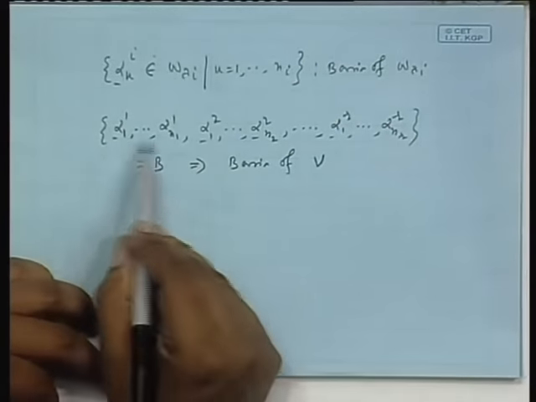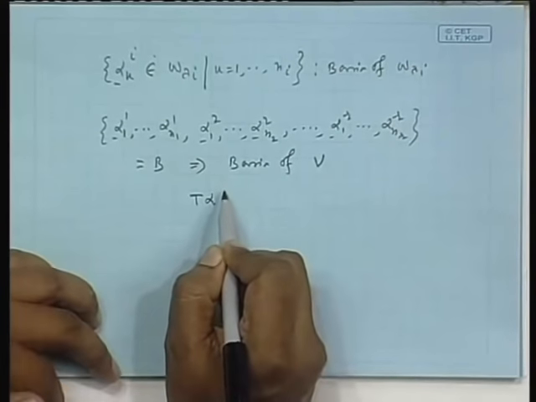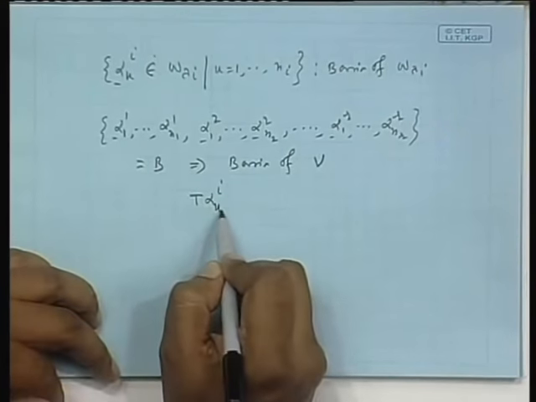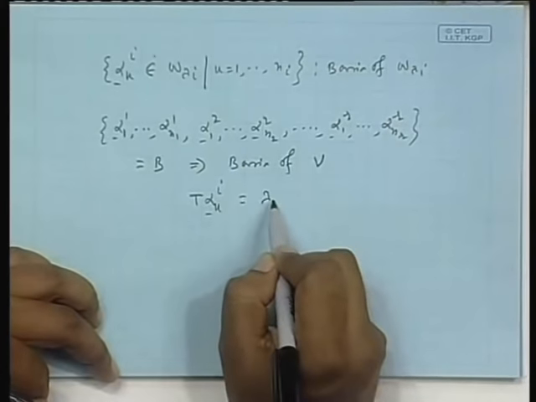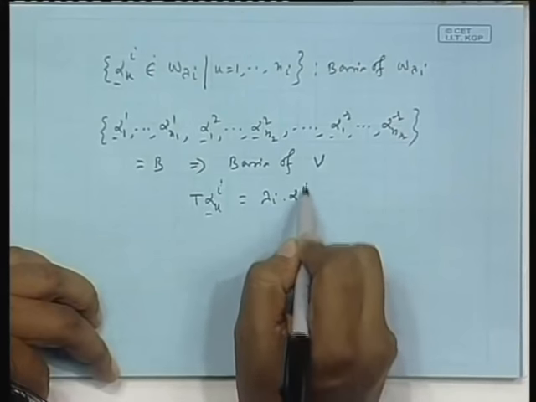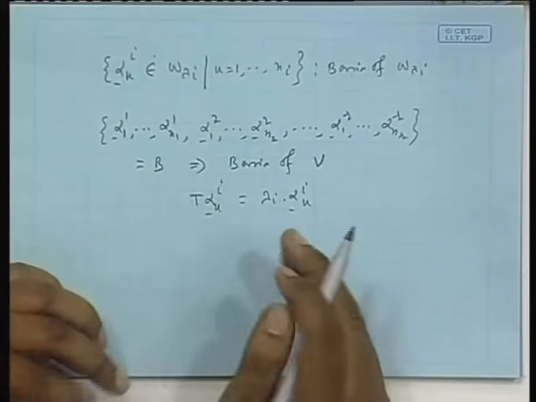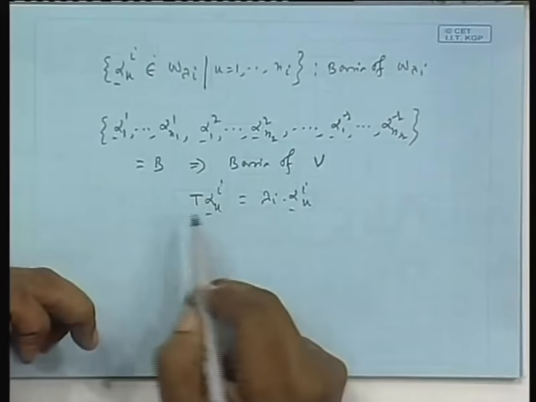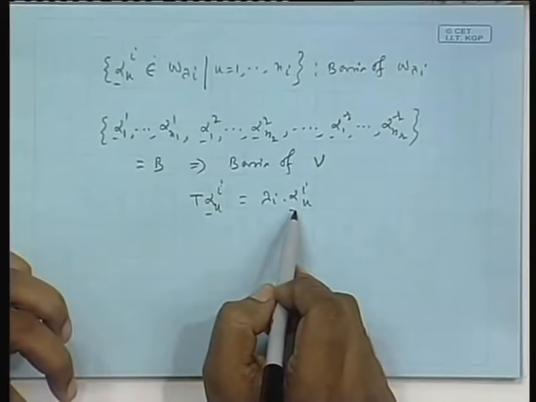But what is the action of T on them? Pick up any one, T of alpha, say a particular one, say i k, this will be nothing but the same vector multiplied by the eigenvalue lambda i. So, this is very simple: T working on a basis vector gives you the same basis vector.